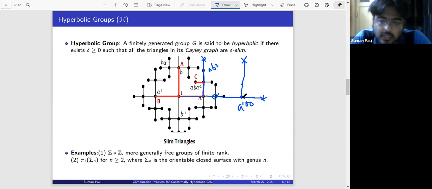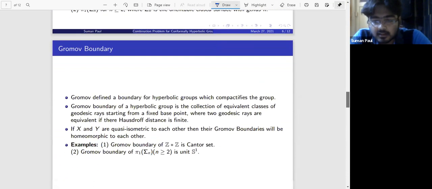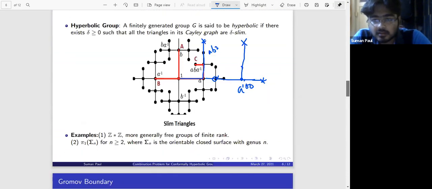So that is smaller. So if it is parted far away from the identity, the distance will be much smaller. And yeah, that is the thing.